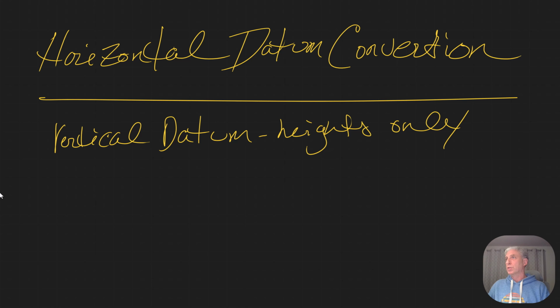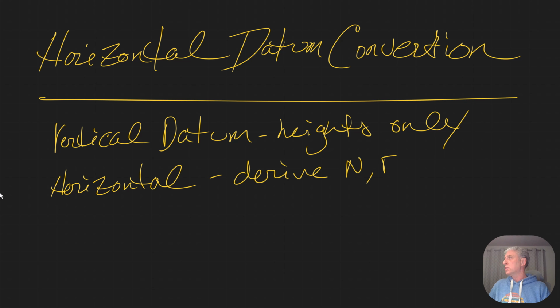Horizontal datum conversions: we're only concerned about deriving our northings and eastings or XY coordinates. So we want to derive northings and eastings or X and Y coordinates, depending on what datum we're moving from and what datum we're moving to.